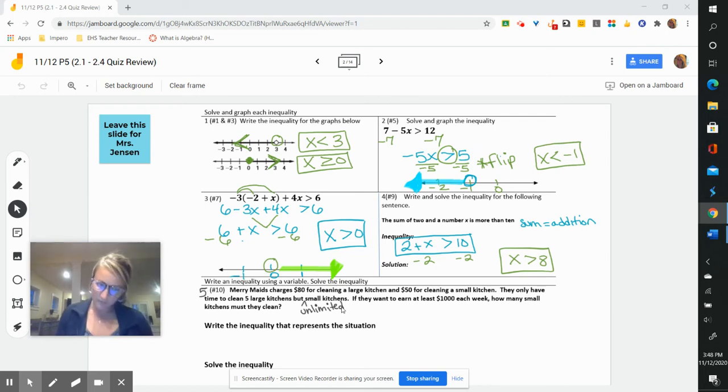So how they would determine how much money they're taking in is they would take the price per large kitchen, sorry. I'll just use large and small. They would multiply that times the number of large kitchens.